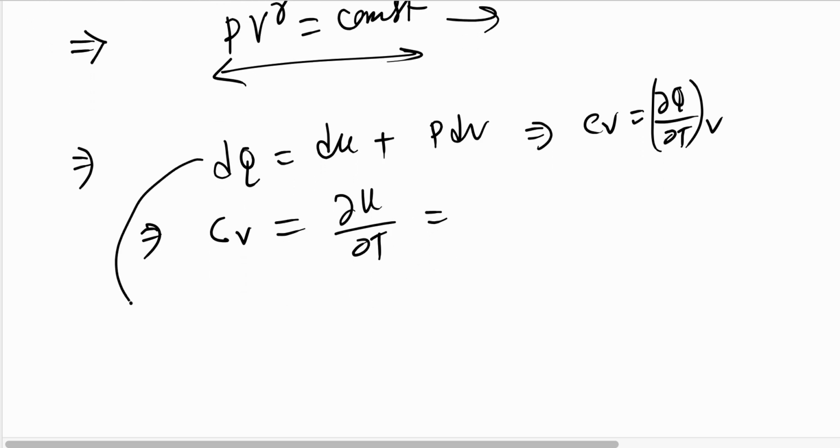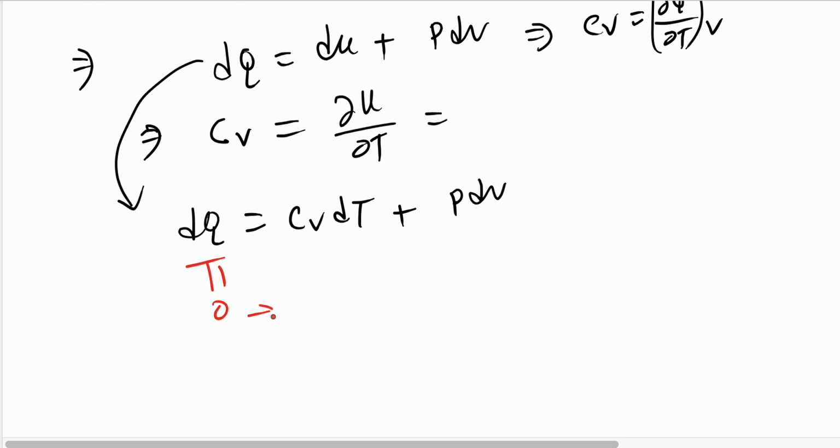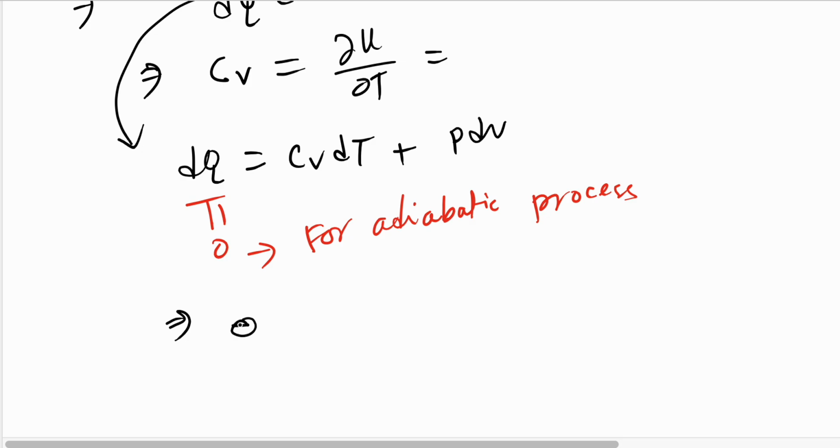So this relation can be rewritten as dQ equal to Cv dT plus PdV, and we know that dQ is 0 for an adiabatic process. So 0 is equal to Cv dT plus PdV.